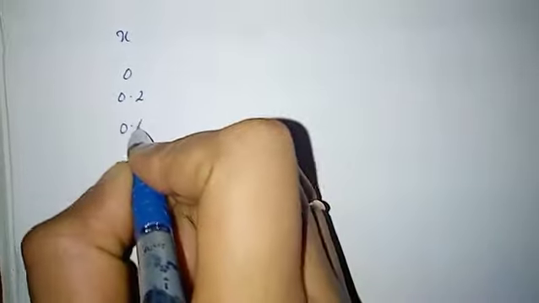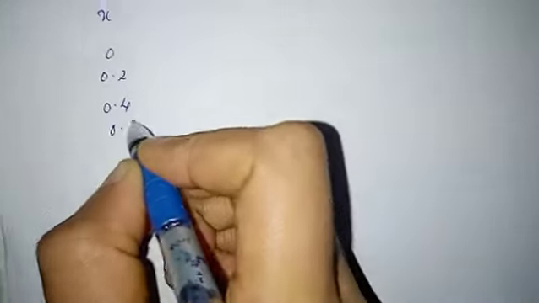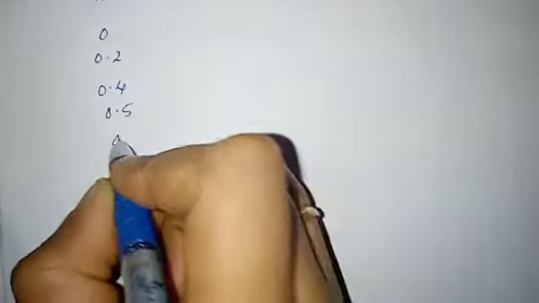So we will take some values like 0, 0.2, 0.4, 0.5, 0.6, 0.8. Then what is the ratio f1(x) divided by f0(x)? Here x is 0, then we will take the ratio.